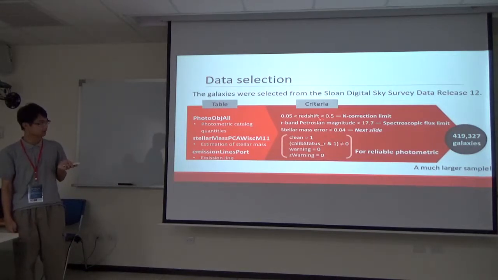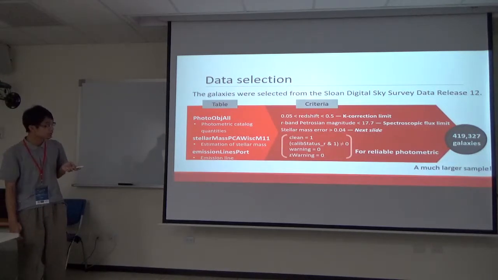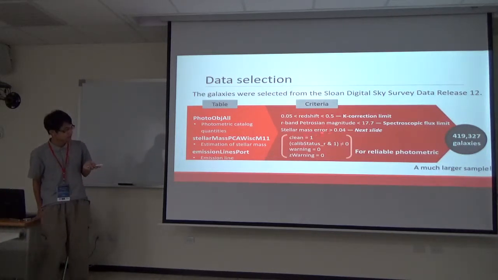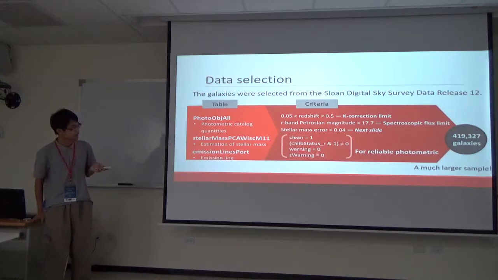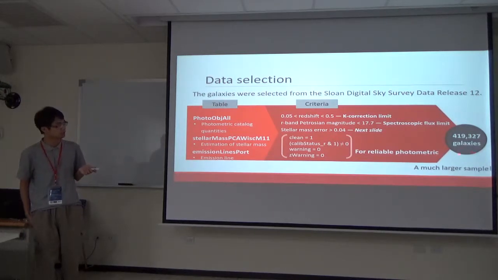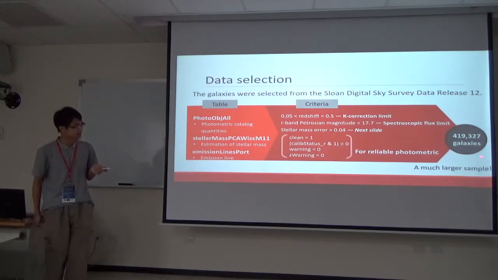This is from the K-correction limit, but it is also for local galaxies. I also apply a magnitude limit and a stellar mass error limit, which I will explain on the next slide, for reliable photometry. Eventually I get about 400,000 galaxies.